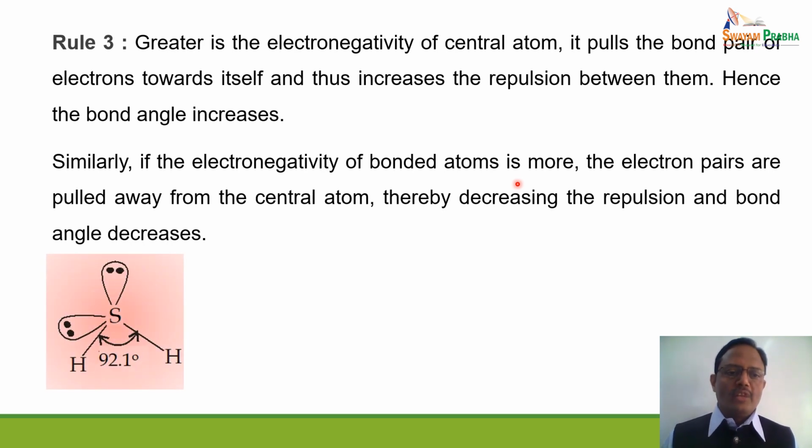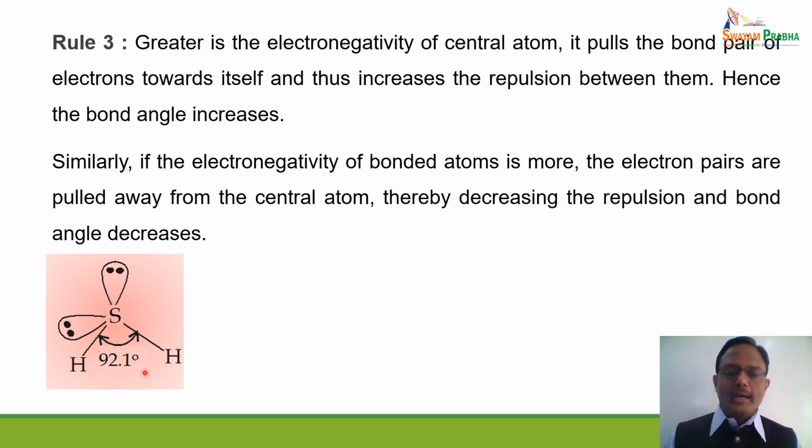For example, if you have a molecule like H2S, in case of H2S, there are 2 lone pairs and 2 bond pairs. Because of these 2 lone pairs, definitely there will be more repulsive forces acting between them, and also the repulsion between lone pair and bond pair will be more. Hence, the bond angle reduces to 92.1 degrees.